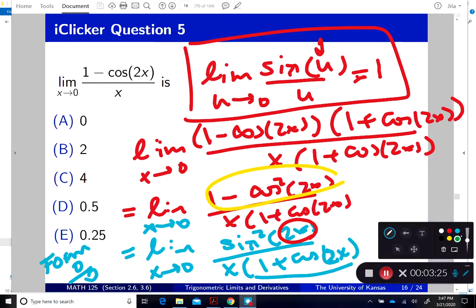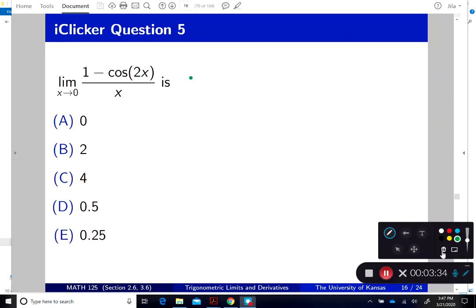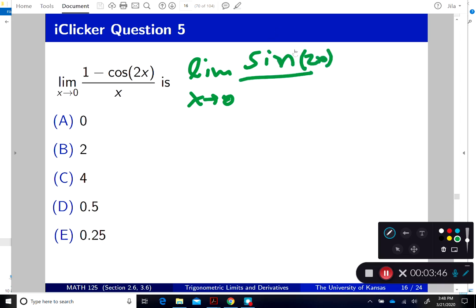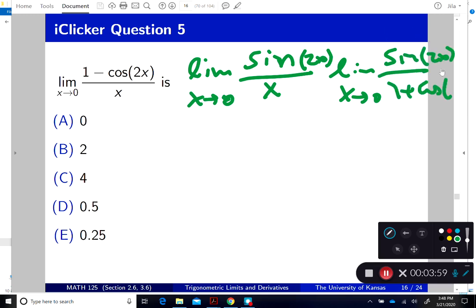What I do is rewrite this. I'm going to erase everything and start over. I'm going to rewrite that as the limit as x approaches 0 of one of the sines divided by x, times the limit as x approaches 0 of the other sine over 1 plus cosine of 2x.